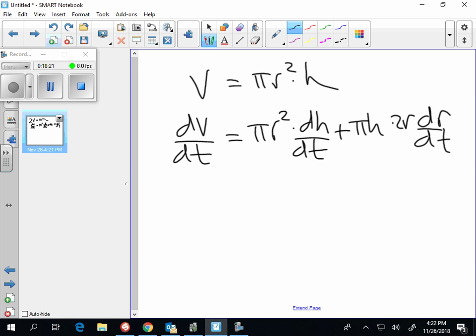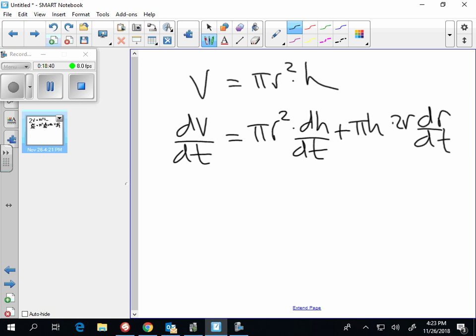But sometimes both of them are changing. And as a result, we end up with some relationship like this. Okay, but this isn't a problem where we go any further. They just want to know a relationship between dV/dt and dh/dt and dr/dt. And that's what we've got here.